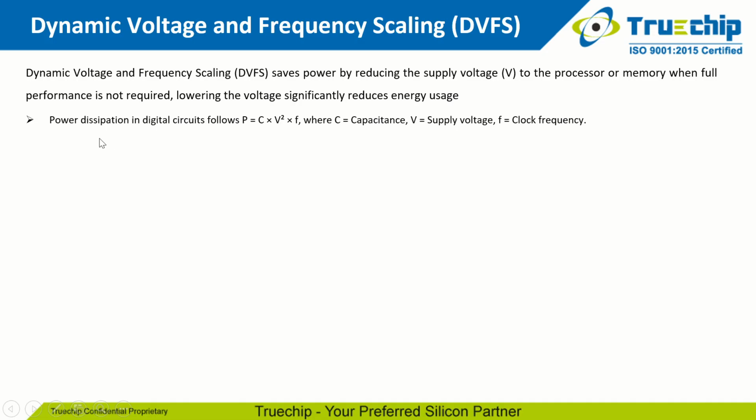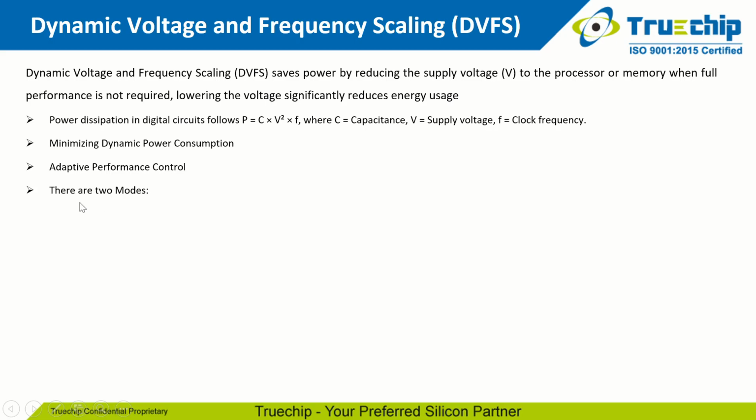So the power dissipation in digital circuits actually follows this formula, which is P equal to C into V square into F. In this formula, C stands for capacitance, V stands for supply voltage, and F stands for clock frequency. Minimizing dynamic power consumption, adaptive performance control.